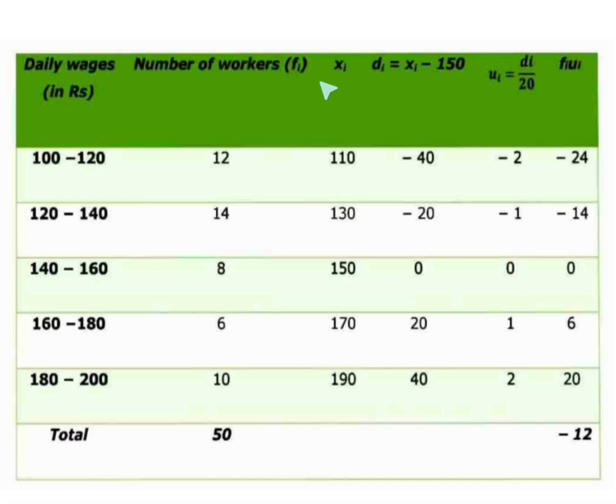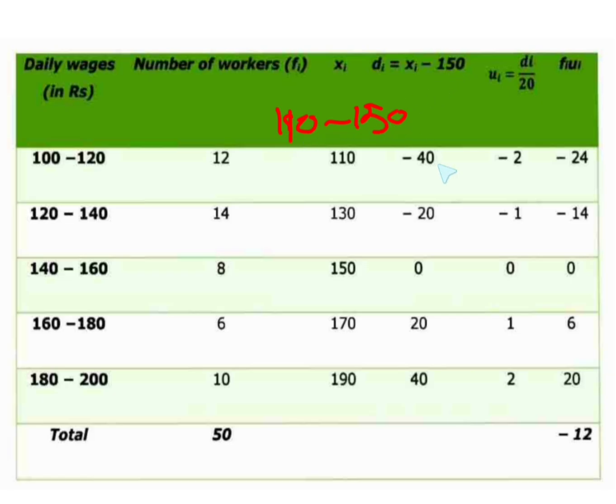Since this is the assumed mean method, we subtract the assumed mean, 150, from each mid value.